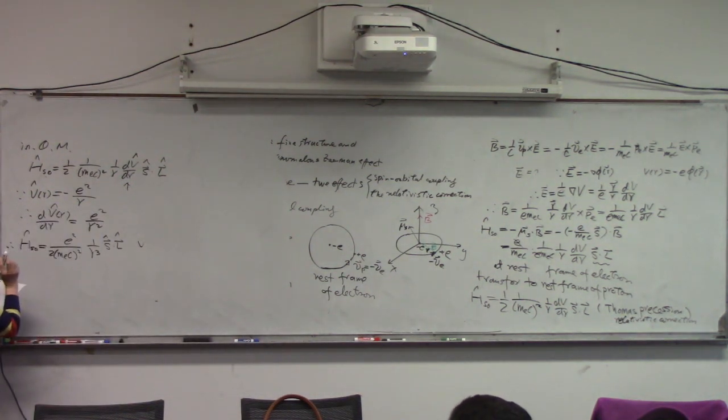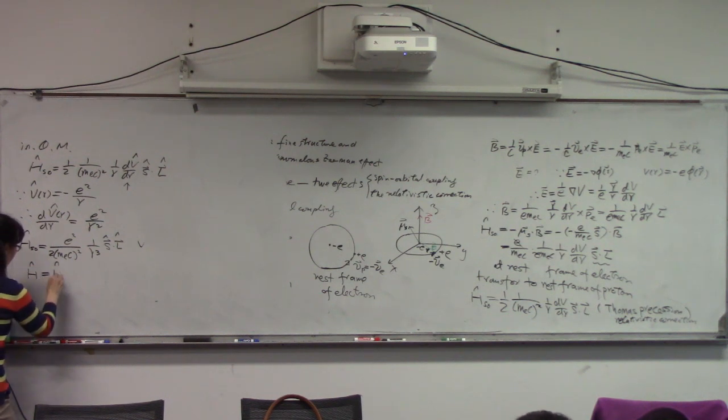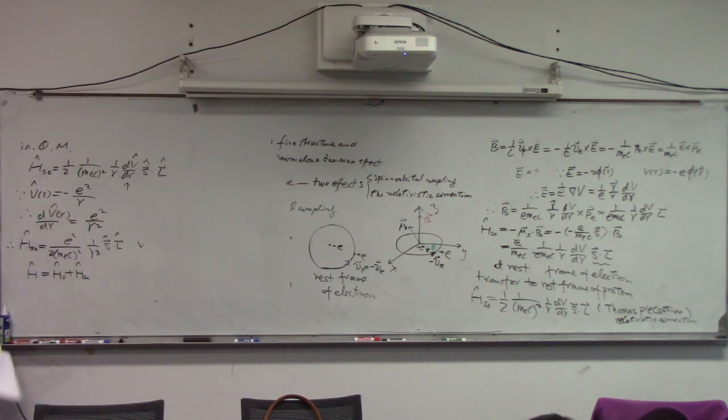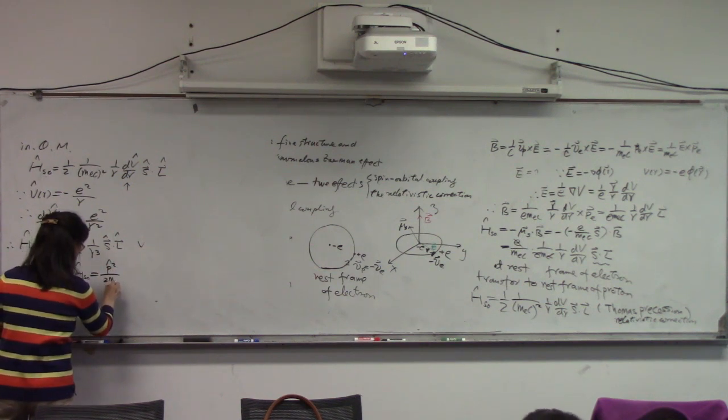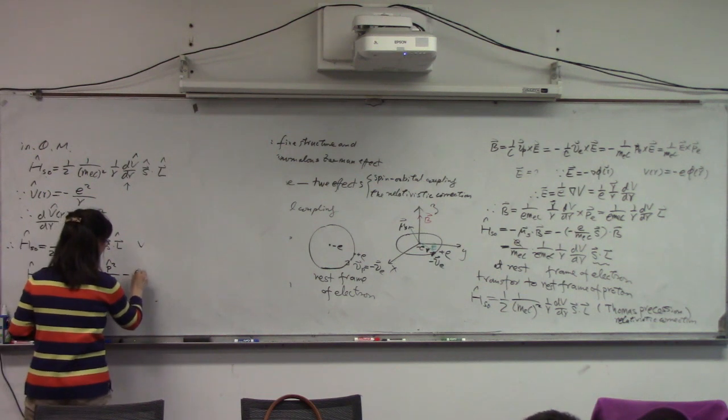So now, if we only consider spin-orbit coupling, the total Hamiltonian of the heavy atom is H naught plus H spin-orbit coupling. Okay, H naught, we know that is the kinetic momentum term plus potential, right?